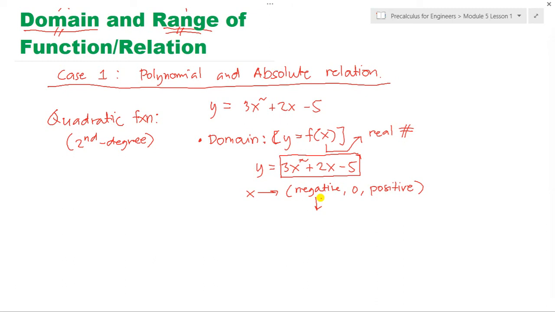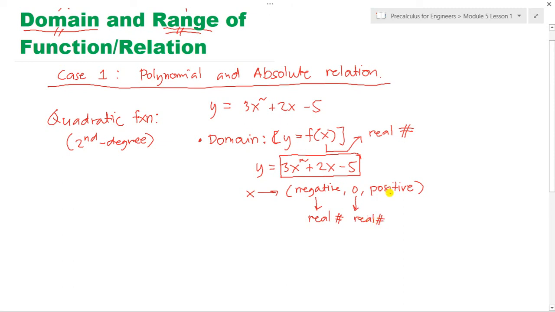The answer is 16. 16 is a real number. So, butangi mo, real number. How about 0, class? Mag-input ka og 0 dira. What would be the result? The result is real number gihapon.